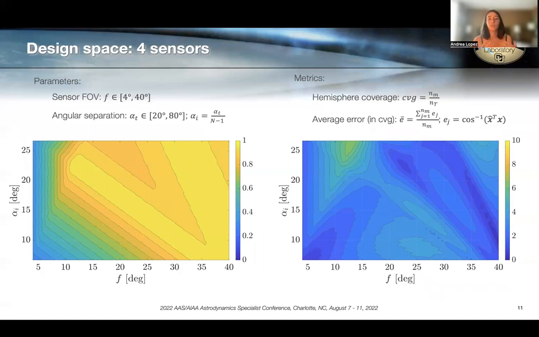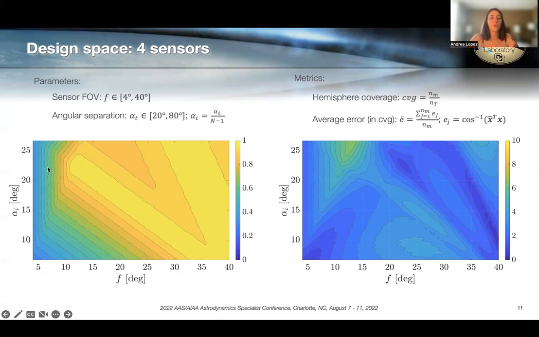Here we create a design space for varying field of view of the individual sensors and varying angular separation between the sensors. And on the left, you can see this is coverage defined like here for the upper hemisphere, and the right plot is for average error in the area covered.